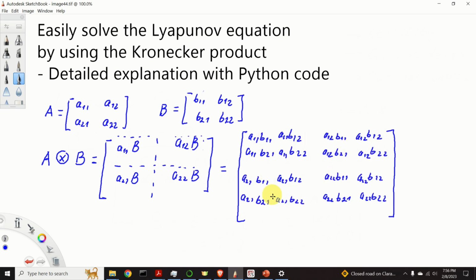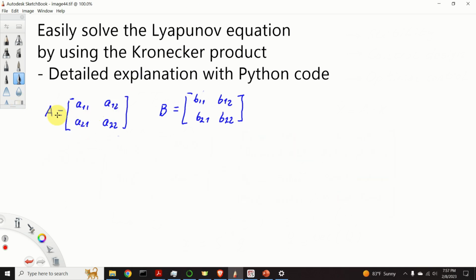And here's how the complete matrix looks like. For example, this 2 by 2 block is obtained by taking the entries of B and by multiplying them by A21. Next, we need to explain the vectorization operator.